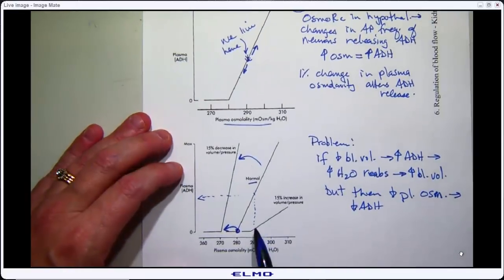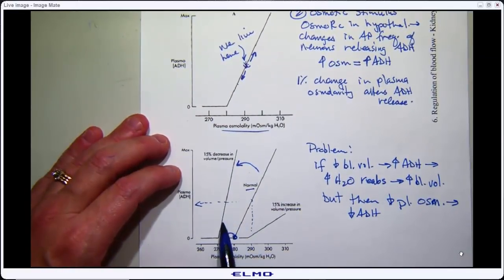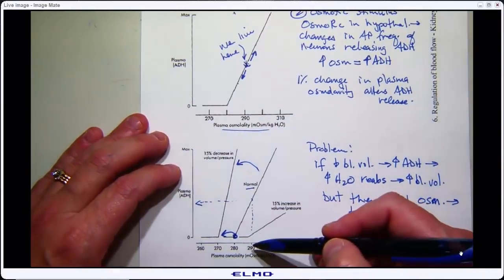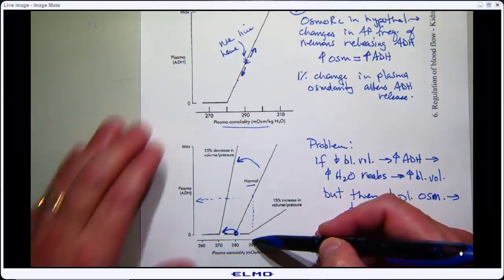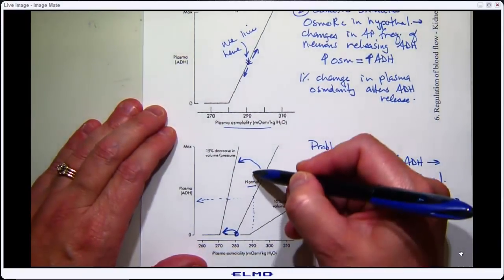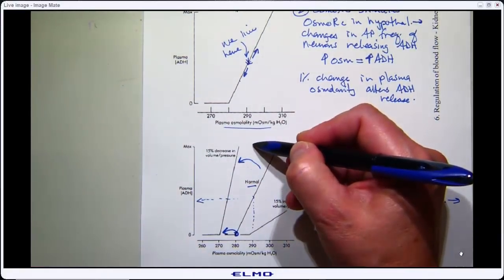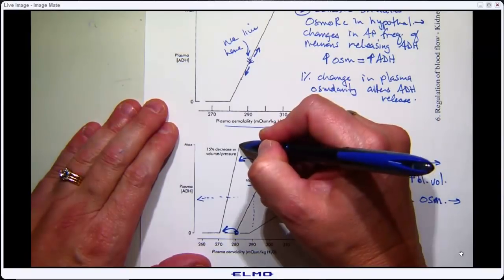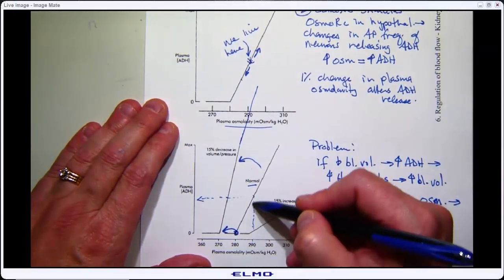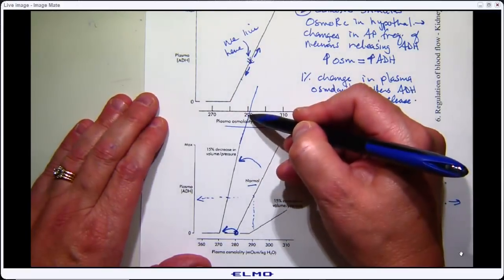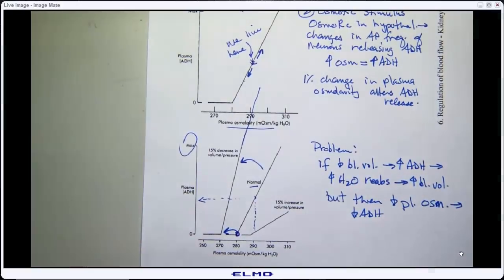That's now suddenly, if we shift the relationship to the left and make it more steep, and our blood osmolarity is 290, we actually go way off the charts in terms of ADH release. We hit maximum, right? And in fact, if we really wanted to see what would happen, we would have to extend this way out in order to see that an osmolarity of 290 is now going to produce a maximum amount of ADH production.